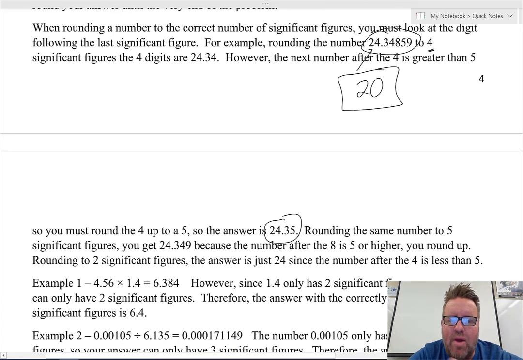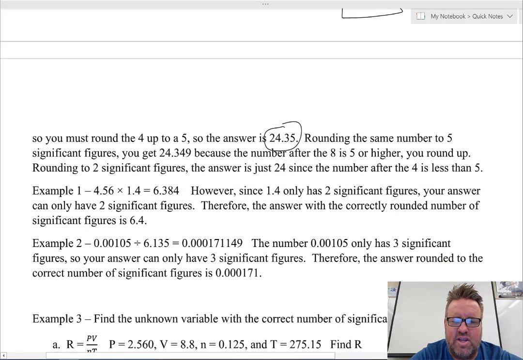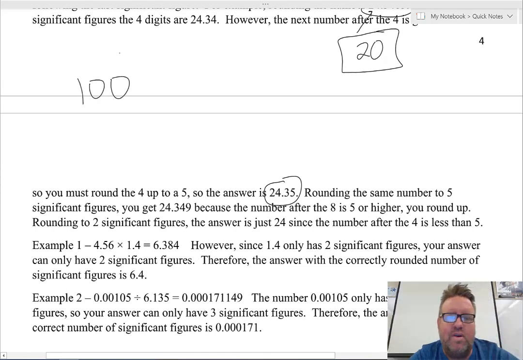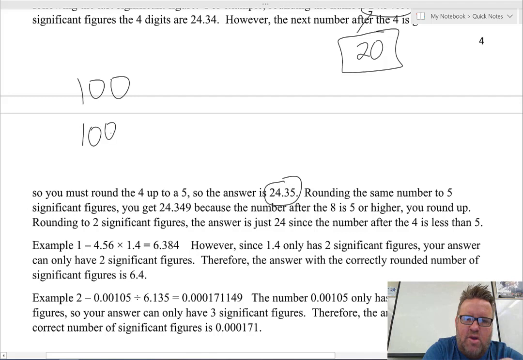Okay, so rounding can sometimes be a little bit tricky, so let me show you one. Let's look at the number 100. From what we learned in our previous lesson, the number 100 written like that has 1 significant figure. The number 100 with a decimal point at the end has 3 significant figures.